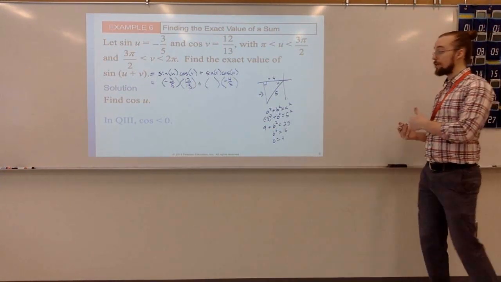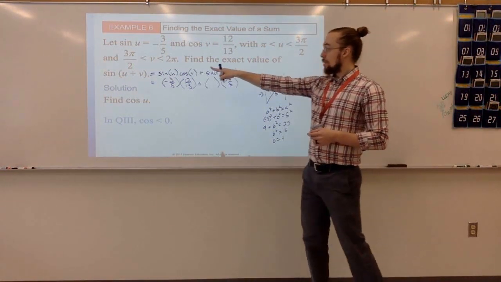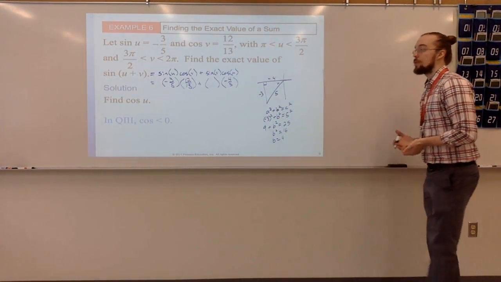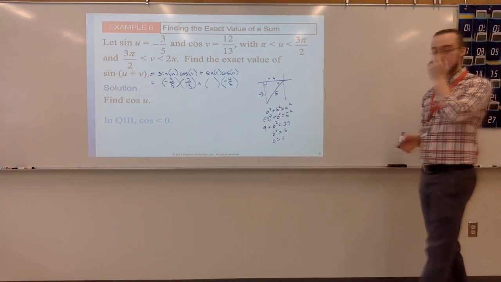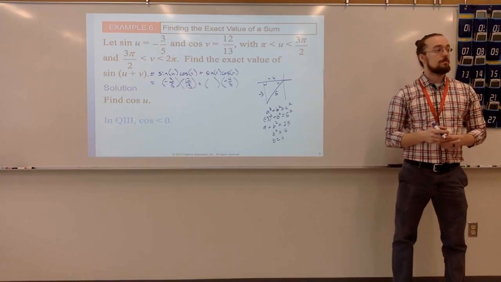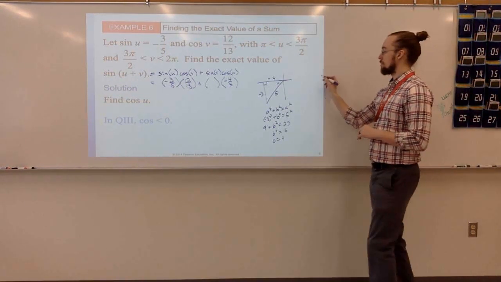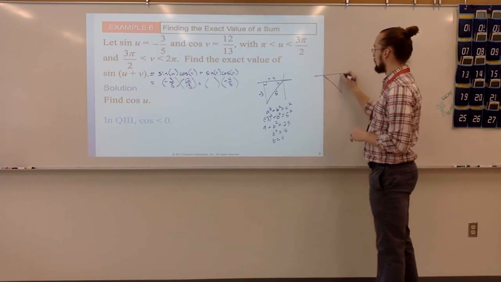So I'm going to need to create another separate right triangle here. Now they tell us that v is in between 3 pi over 2 and 2 pi. So what quadrant is that? Fourth quadrant. So I draw my right triangle over here.